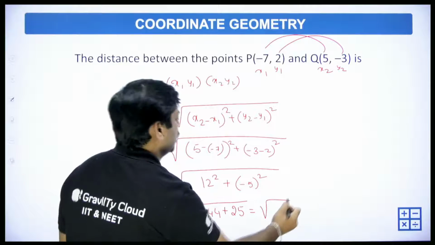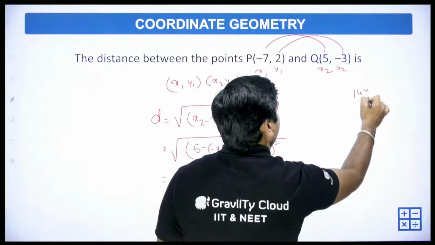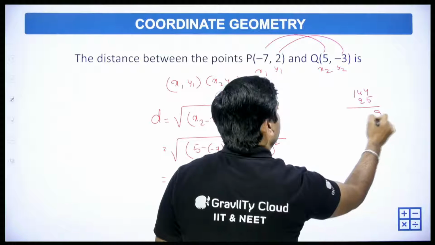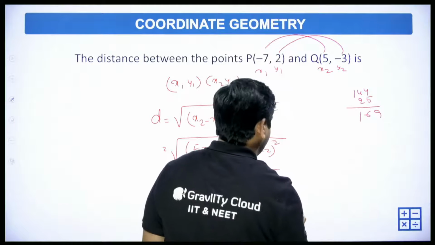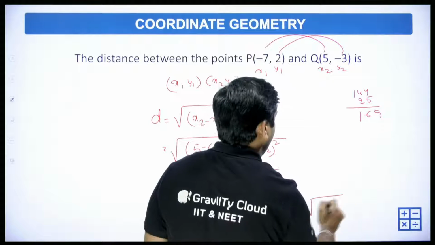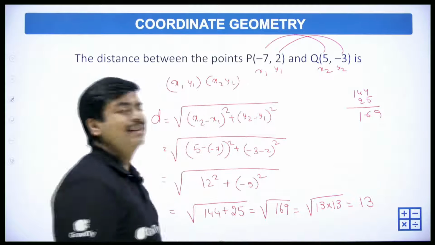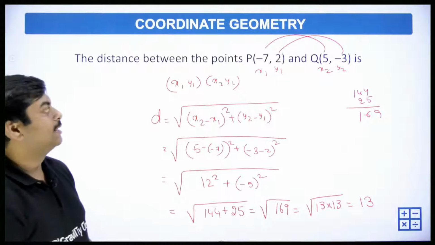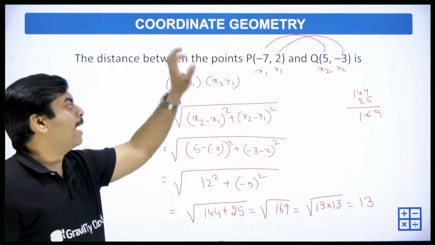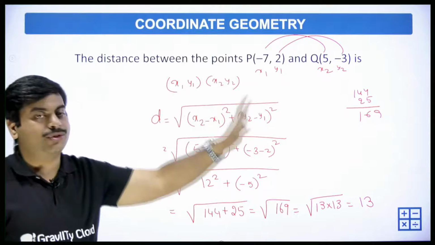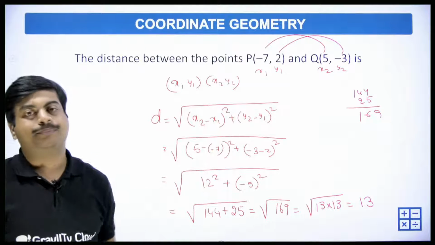So root of 144 plus 25. 144 plus 25 is 169, and root 169, if I am not wrong, is 13 into 13. So that answer will be 13. The distance between these 2 points, minus 7 comma 2 and 5 comma minus 3, is 13.